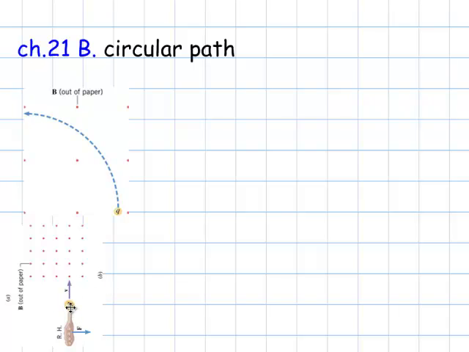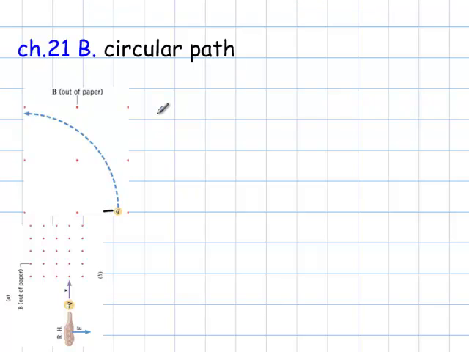So if this is a positive particle and it moves up, which it does, and the magnetic field is pointing out of the paper, out of the screen, so pointing towards us, which it does, then the force is to the right, which it is not. Consequently, this is a negative particle. So that was easy to figure out.